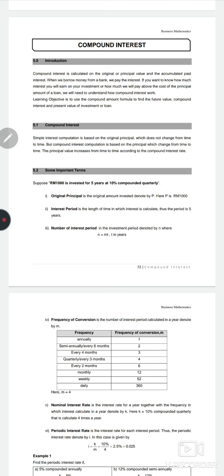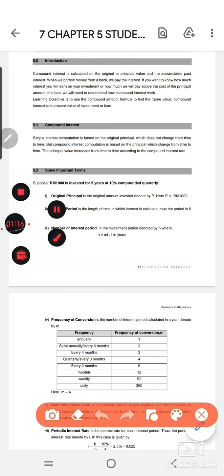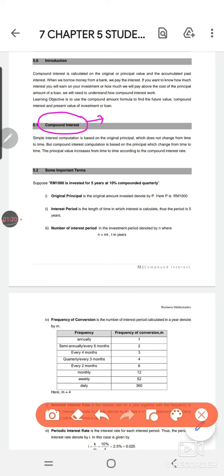Okay, so here I will explain a bit what compound interest means, or what the difference is between compound interest and simple interest. For example, if you have P equals to 100, P is the original value, the principal value.